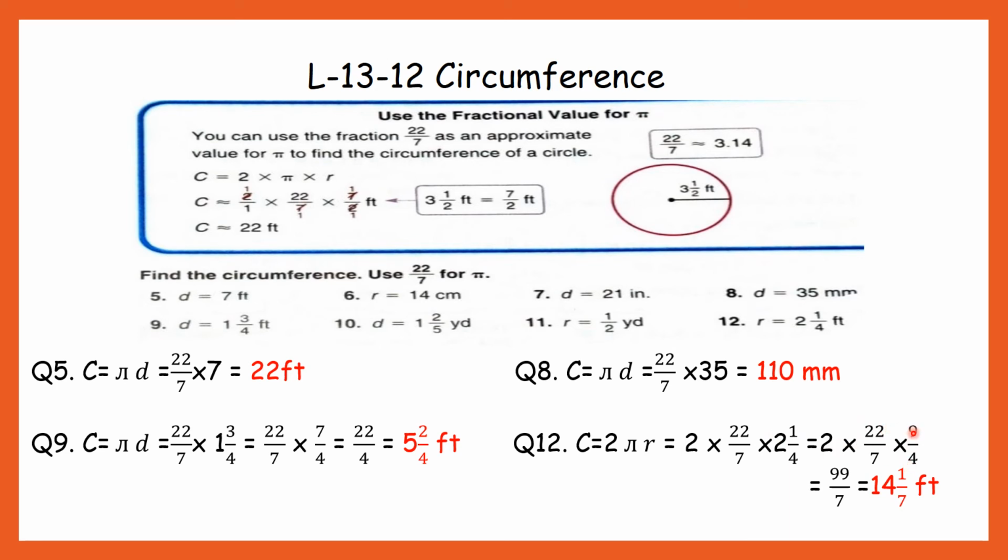Then you multiply, cancel first 2 times, it will be 11, and 11 multiplied by 9 is 99, and 7 multiplied by 2 is 14. What is the answer? 14, 1 by 7. I think it is clear.